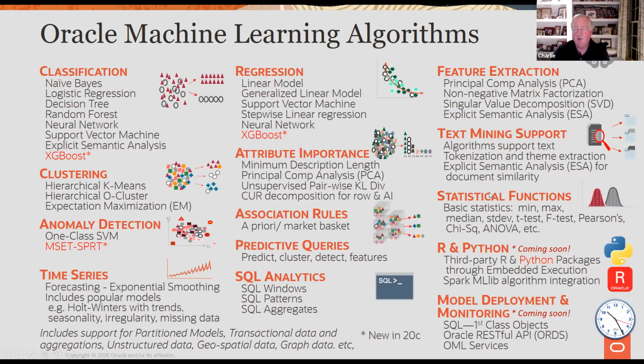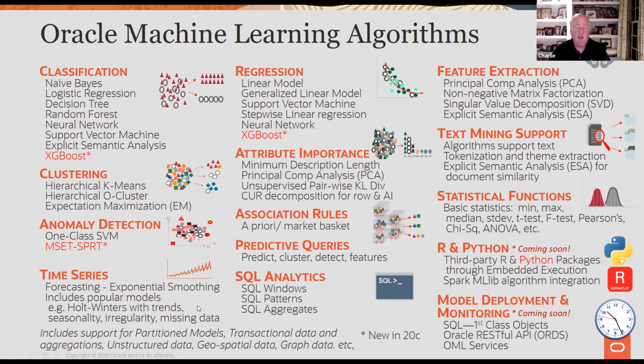What I think is some of the more interesting stuff here is that we sit within all the other functionality of the database. So if you wanted to use marital status, and it wasn't just single, married, divorced, it was actually a paragraph or a prenuptial agreement or a bunch of tweets or emails, well, we'll use Oracle Text to tokenize all that unstructured data, bring it in as a vector of terms and coefficients, and we use something called TF-IDF, term frequency inverse document frequency, and we'll mine that data as well.